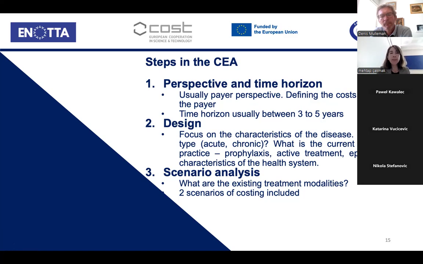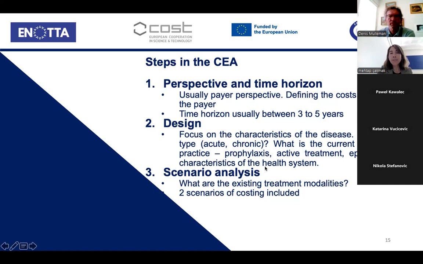But, for example, NICE and many countries recommend not to use only a payer perspective, but rather a societal perspective, because intangible costs are really important. For this reason, they want to include all the productivity loss or other intangible costs.